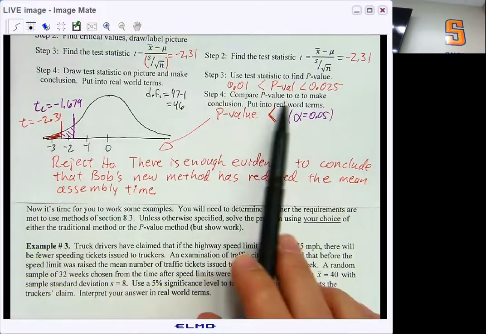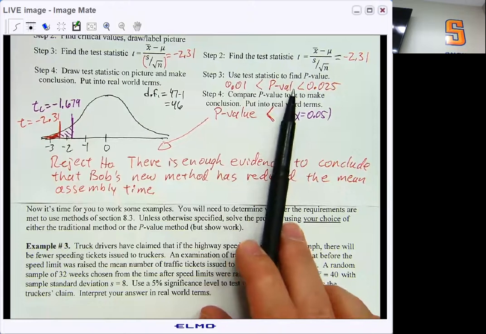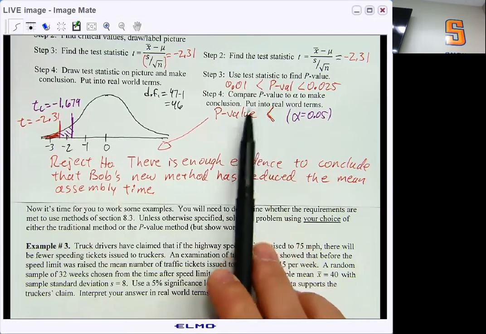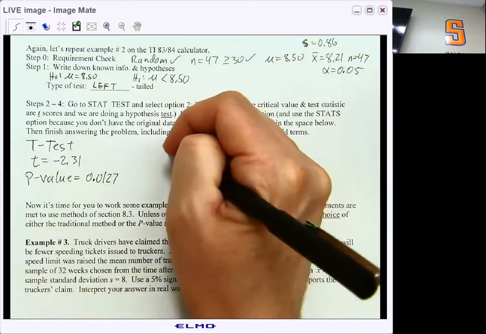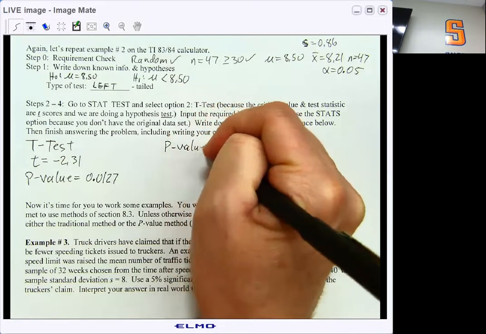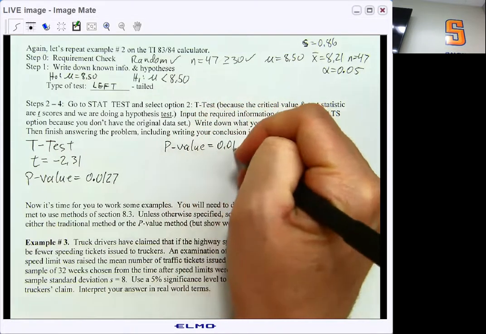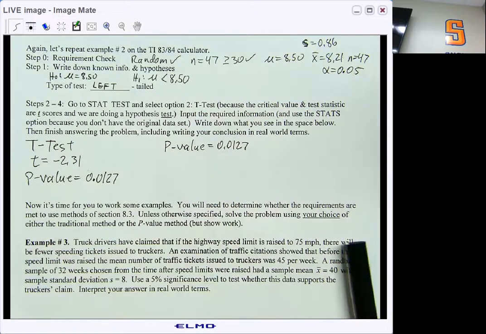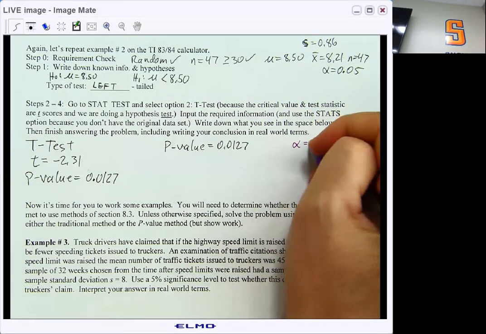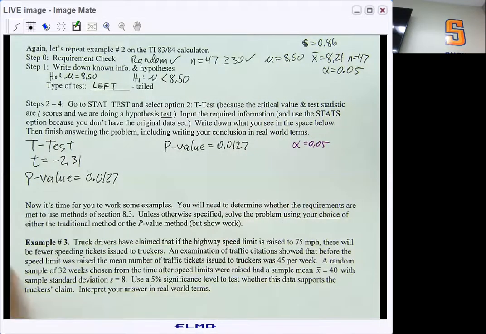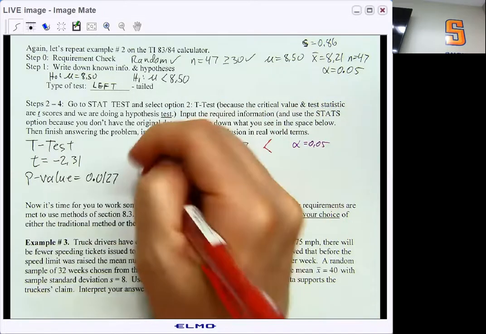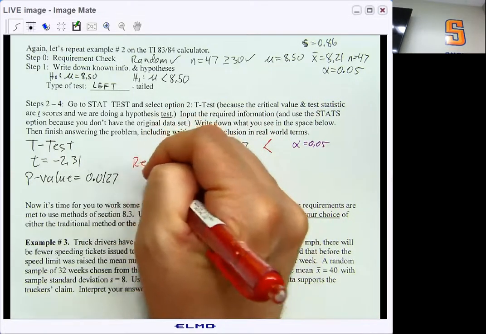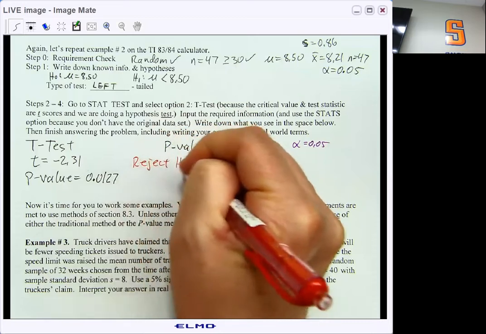But some of you are going to start to move over to the p-value method and just take the p-value and compare it to alpha. So our p-value of 0.0127, how does that compare to the alpha of 0.05? And the answer is it's a big less than. So we, once again, reject H naught.